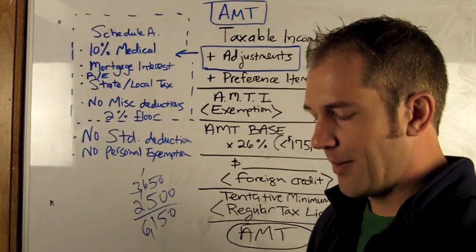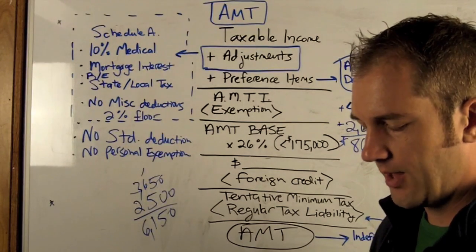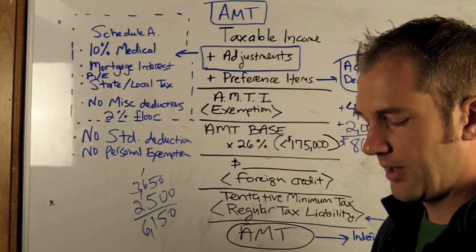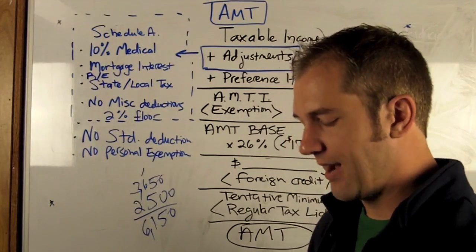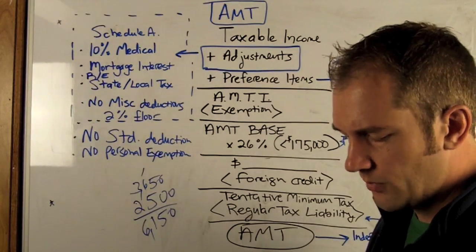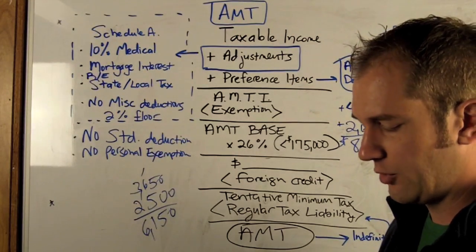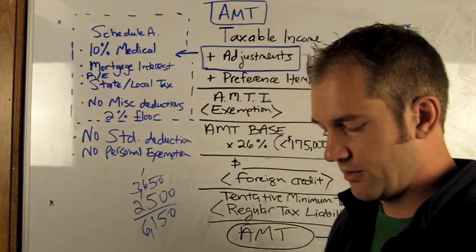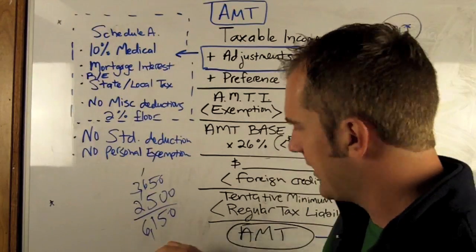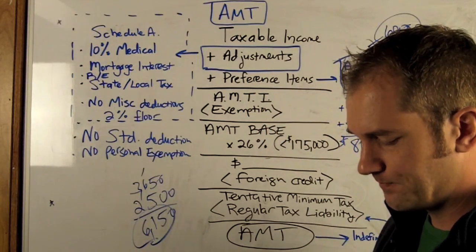Charitable contribution of capital gain property, net long-term capital gain, that's okay. And excess of accelerated depreciation over straight line on real property placed in service after 1987 of $600. Tax exempt interest from City of Chicago general obligation bonds. That also is okay. And so we add up our preference items of $600 and our adjustments of $6,150, and that's the answer. It's B.